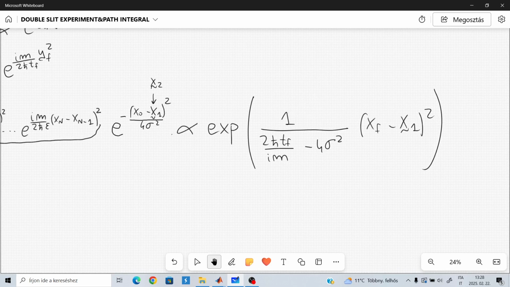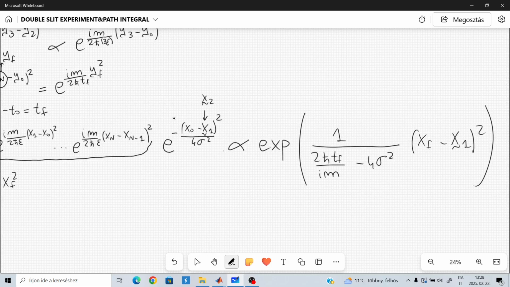You call one of these terms, like minus 1 over 4 sigma squared, you call it a or b, whatever, and you call this one b or a, vice versa, right? And this is what you get. So if you want, we can rewrite it in a different form.